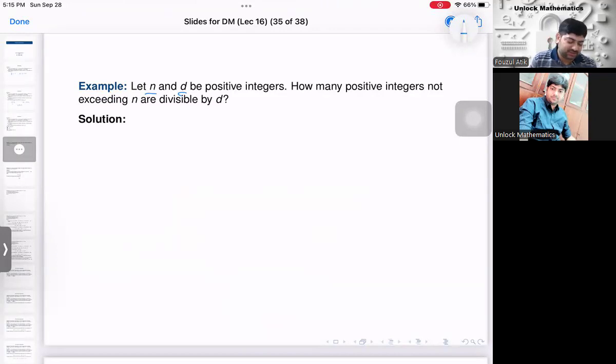I'll take an example first. Suppose n is equal to 40 and d is equal to 5. How many positive integers not exceeding 40 are divisible by 5?